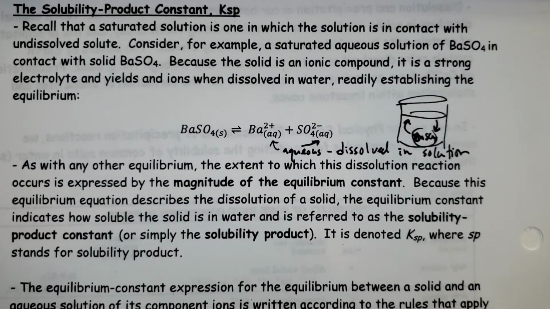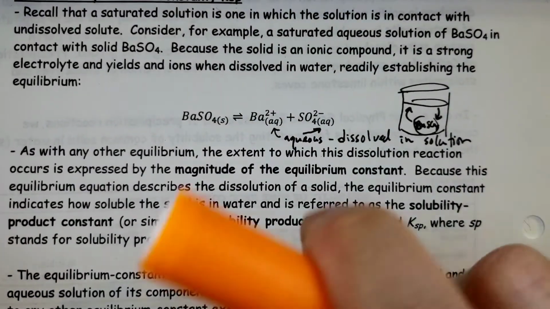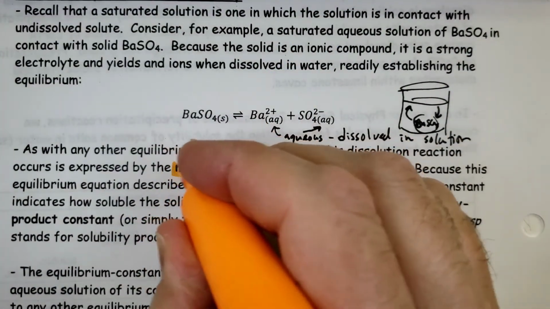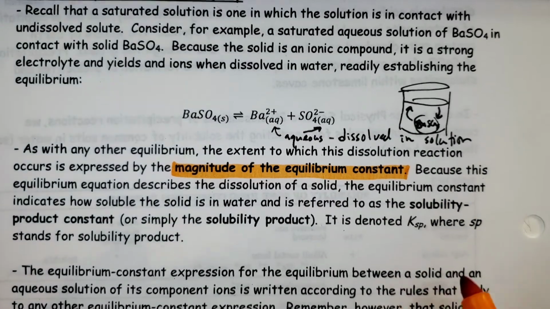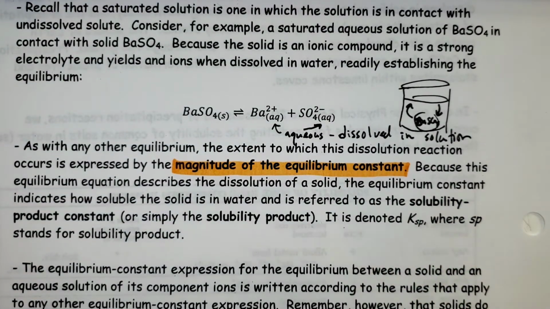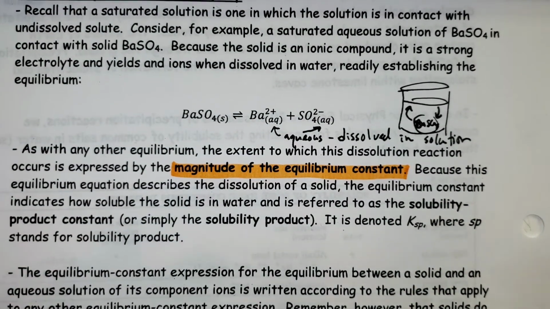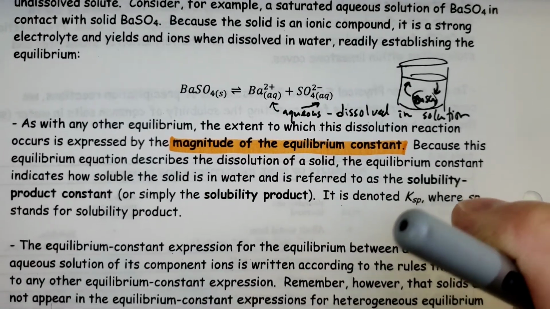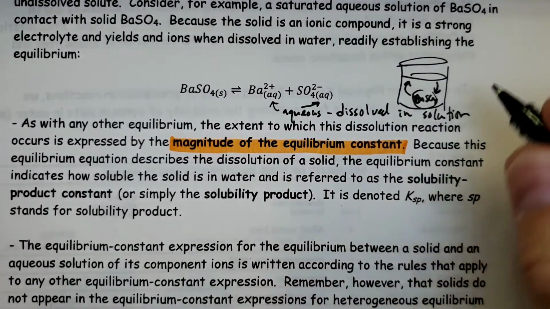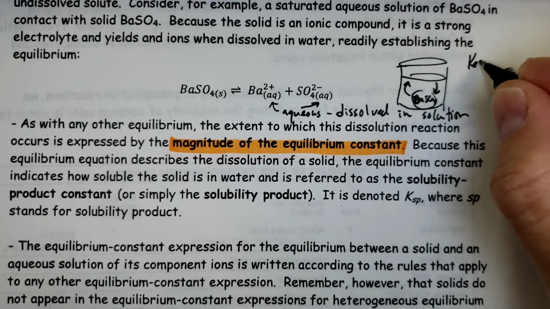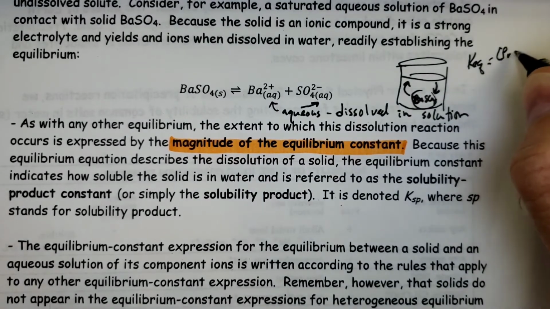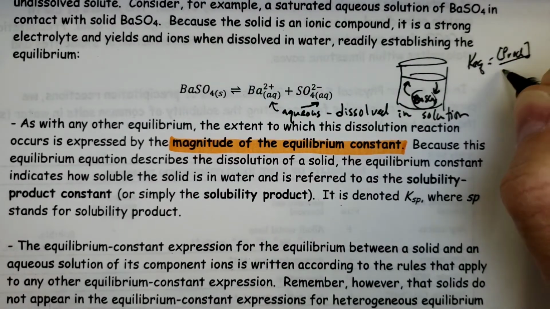As with any other equilibrium, the extent to which the dissolving happens is expressed in terms of how big the equilibrium constant is. Because the equilibrium equation describes the dissolution of a solid, the equilibrium constant indicates how soluble it is. So if you recall before, Keq equals products over reactants.